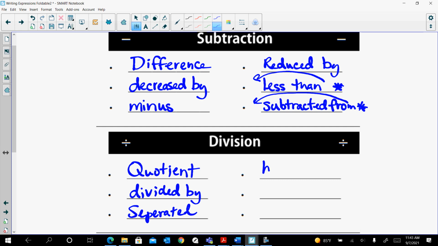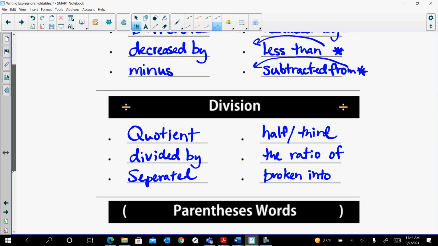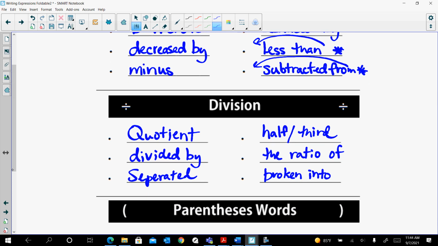If I say I'm halving or even a third, that's indicating division. The ratio of, that's also indicating division. And if I read the phrase broken into, like broken into thirds or broken into fourths or four parts, that's showing division.